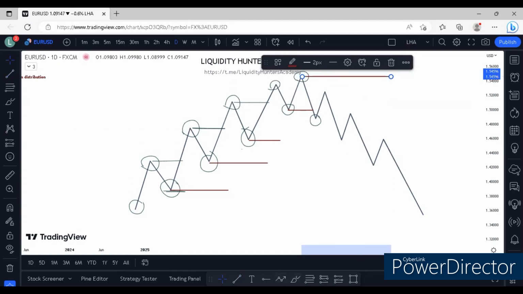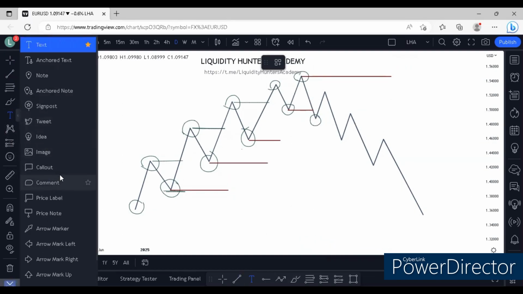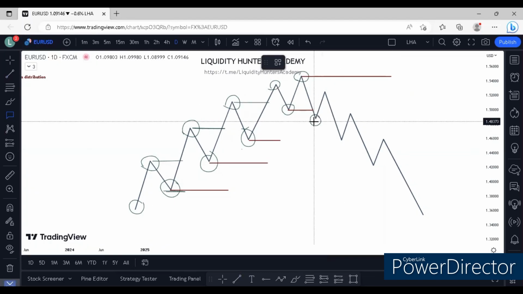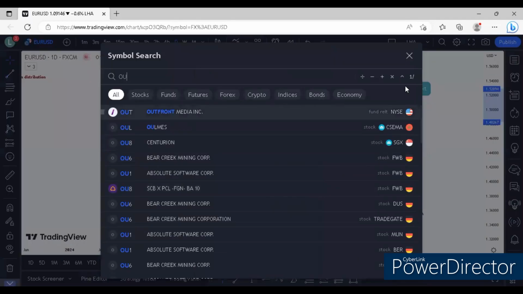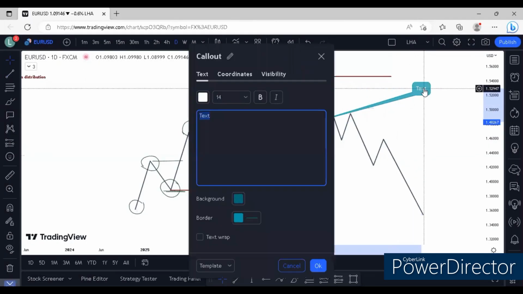And here, at this level, this is our first sign of market reversal.